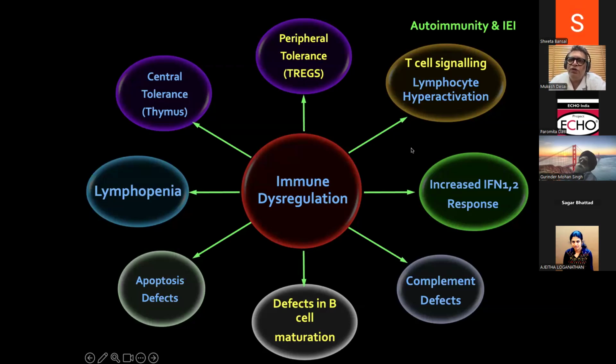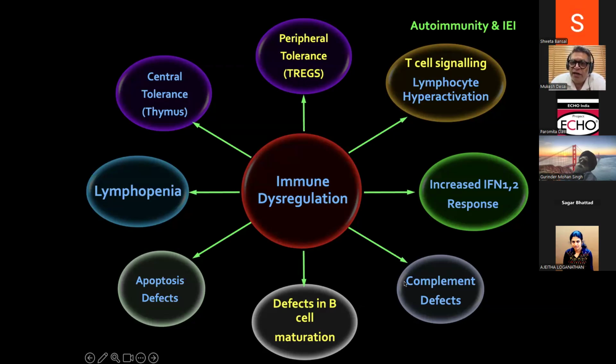And you would have noticed over here that patients who have interferonopathies, you all know lupus is an interferonopathy, which is an innate mechanism, develop the most classical adaptive autoantibody-related problems like autoimmune hemolytic anemia, autoimmune thrombocytopenia, and so forth.